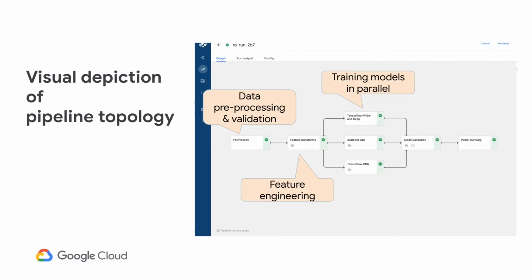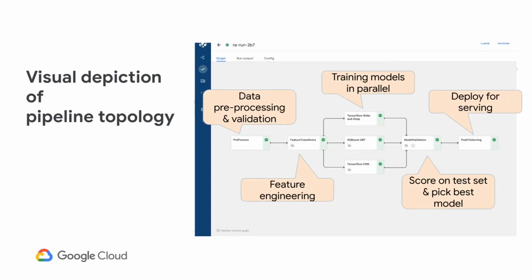Then we take the best models trained in each of these, run them on the test dataset, analyze and compare them, and then pick the best model. If that model meets our performance threshold, we can deploy it to an online serving endpoint. That is an example of the type of workflows you can build and deploy with Kubeflow pipelines.